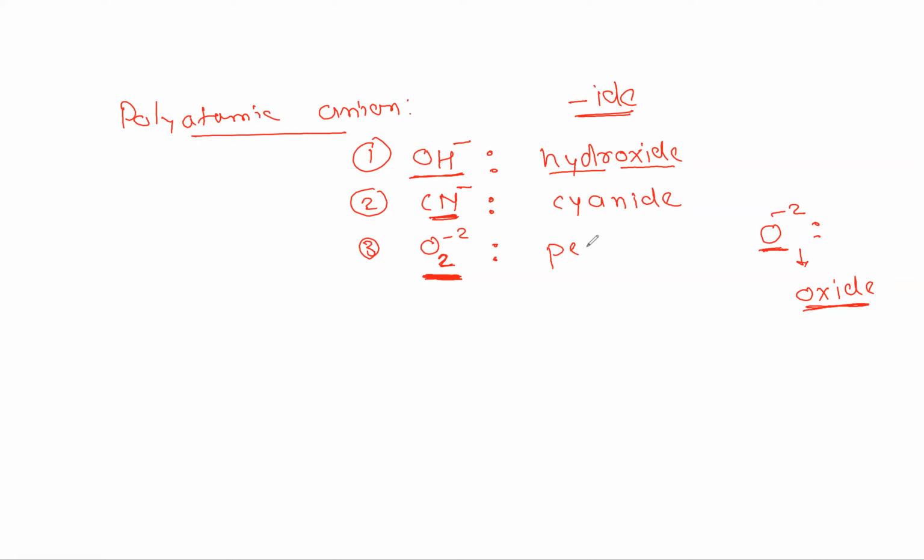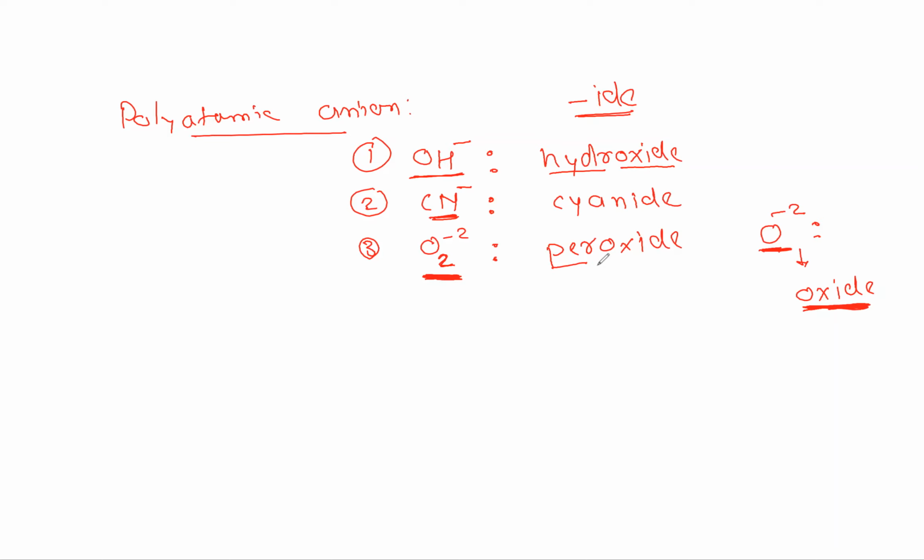So instead of using hydro, we just call it peroxide. The name of this ion is oxide, which we learned earlier, but if you have O2 minus 2, then we call it peroxide. Why? Because we have one extra oxygen. Do you understand this?